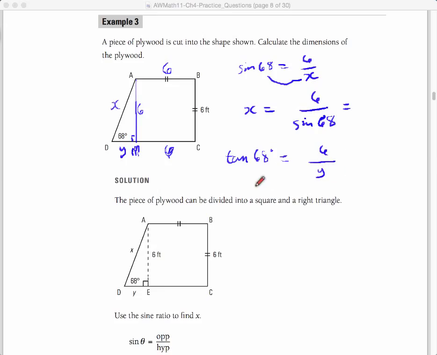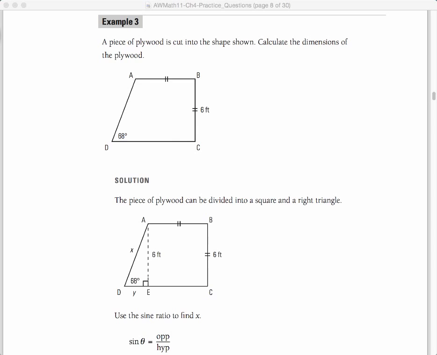And remember again, we swap. So Y is going to equal 6 divided by tan of 68 degrees. And you can calculate that value also.